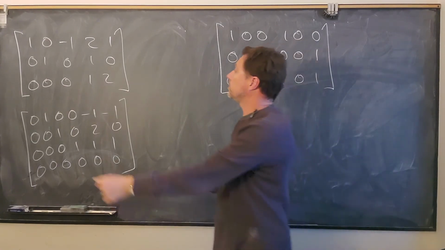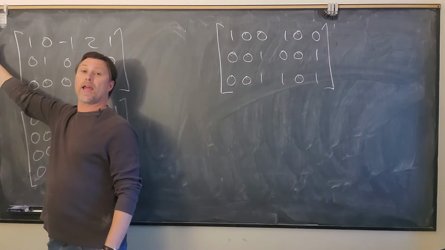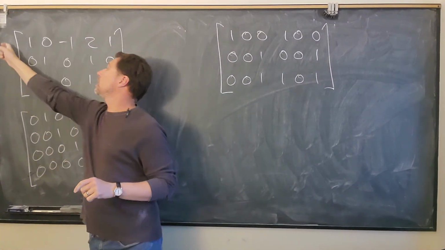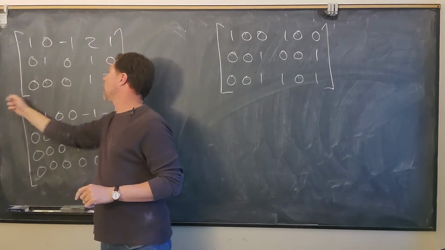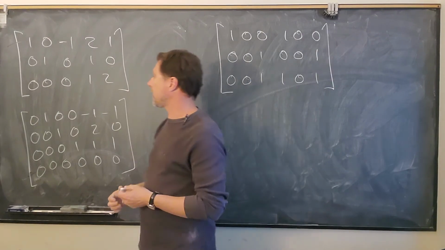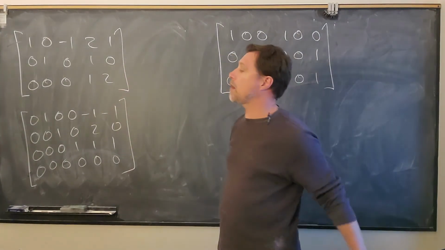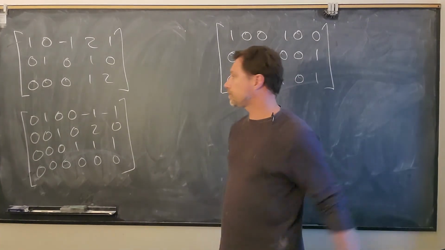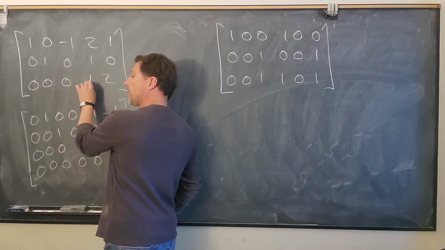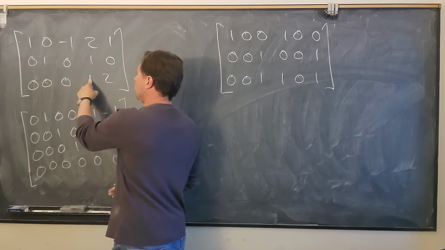In this first one, property number 1: as you read left to right, if a row has a non-zero entry, the first one should be a 1. So yes, 1, 1, 1. The first non-zero entry in each of these rows is a 1. Second property, all rows with entirely zeros are at the bottom. We don't have to worry about that one. Third property, we look at a leading 1. It needs to occur to the right of all other leading 1s above it.